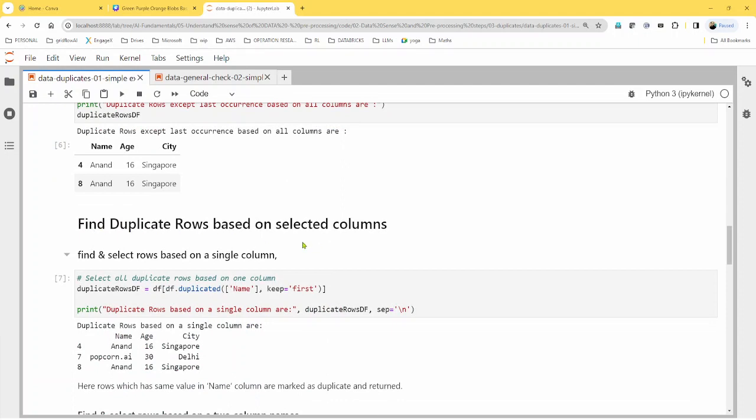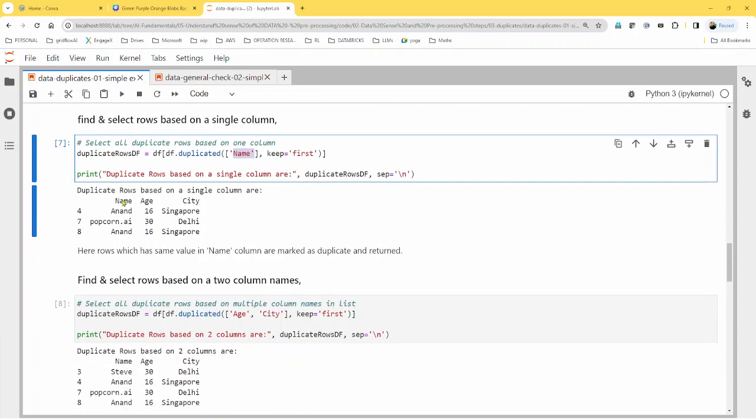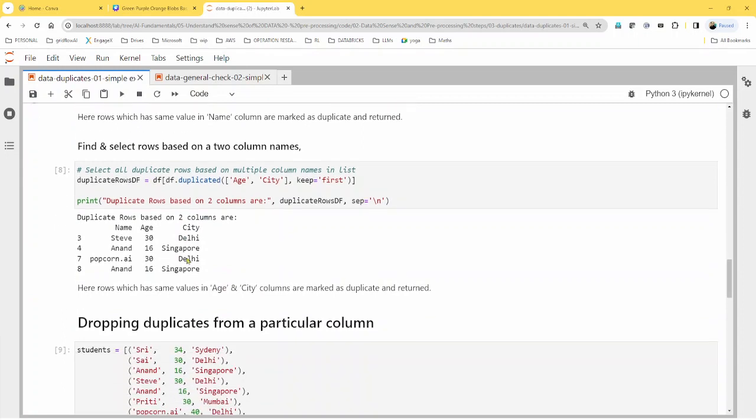Finding the complete row duplicate is rarely the requirement, but duplicate based on selected columns would be something that requires domain and business sense. So Pandas provides you that. Let's say by name, you want to find out if there are any duplicates here. So apply the duplicated based on the name. Are there any duplicates? If there are, then it's going to return you those.